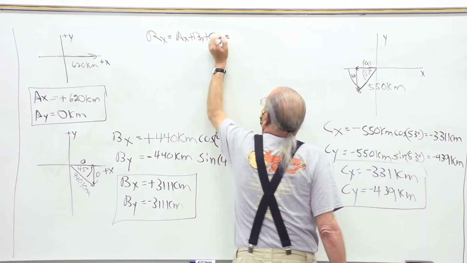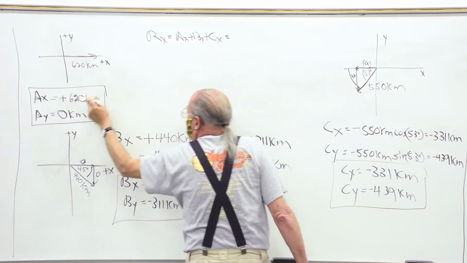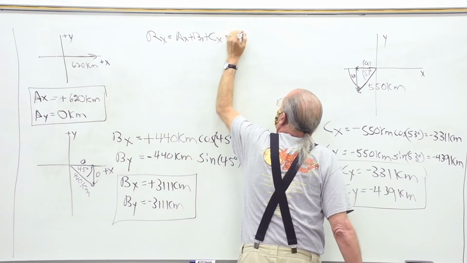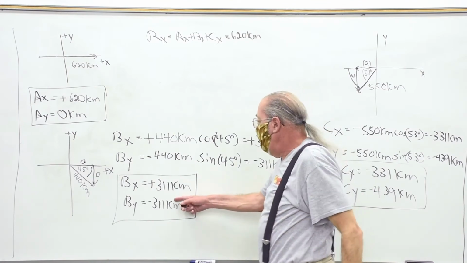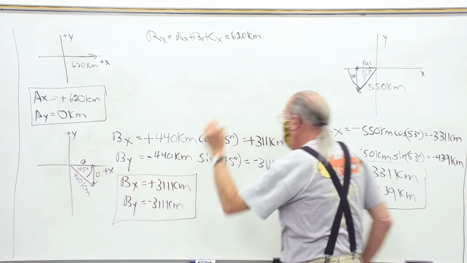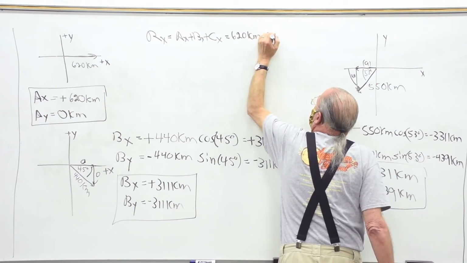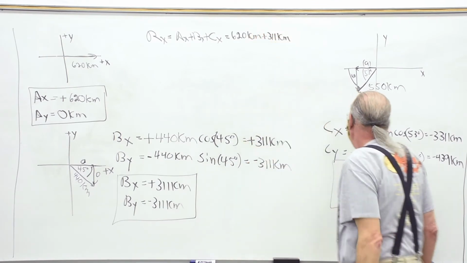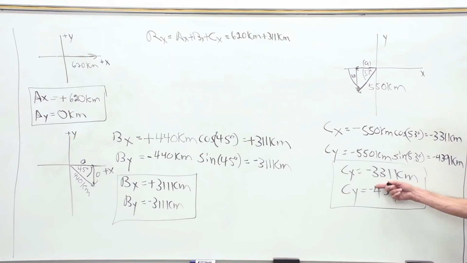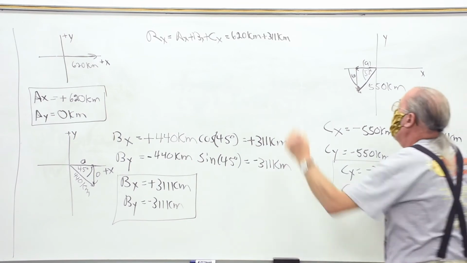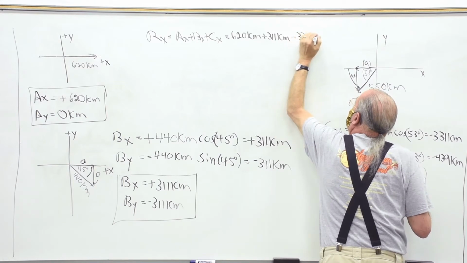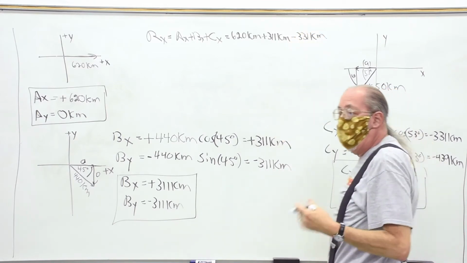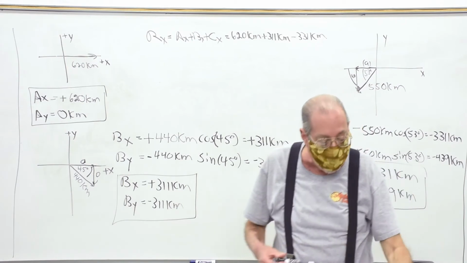On this one, you went 620 kilometers to the east. On this one, you effectively went an additional 311 kilometers. But on this one, you effectively went back 331 kilometers. You put a negative sign in there. So when we say add, we mean add algebraically.